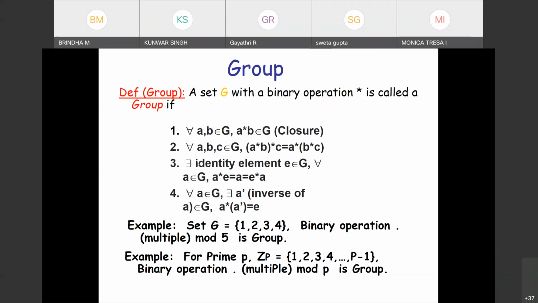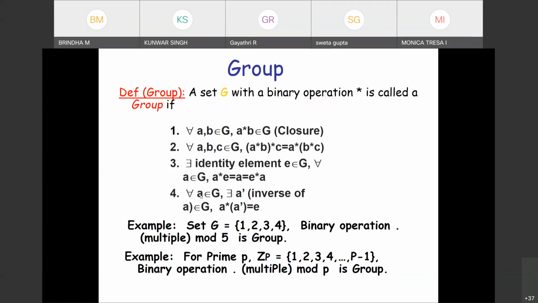The third property is that there must exist one identity element E such that if you apply the operation with E, you get that element. Similarly, for any element A of G, applying the operation with E gives A. This is the identity element.